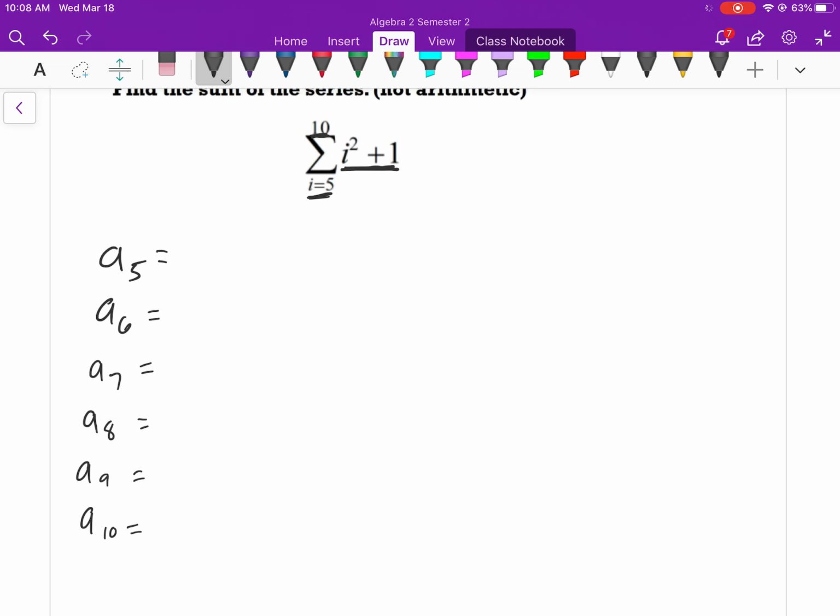So when I'm finding these terms, I'm going through A5. That means I'm taking 5 and plugging that into i in this case. So 5 squared plus 1. A6 is 6 squared plus 1. 7 squared plus 1. 8 squared plus 1. 9 squared plus 1. 10 squared plus 1.